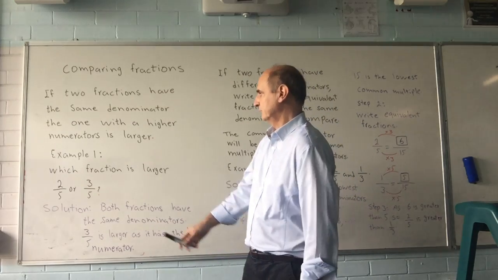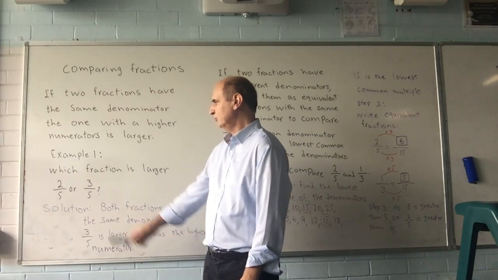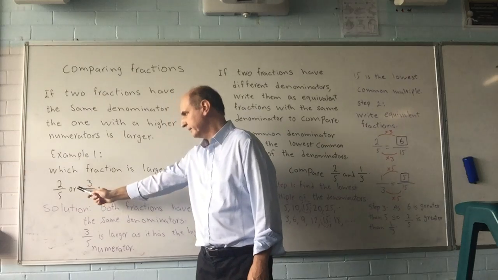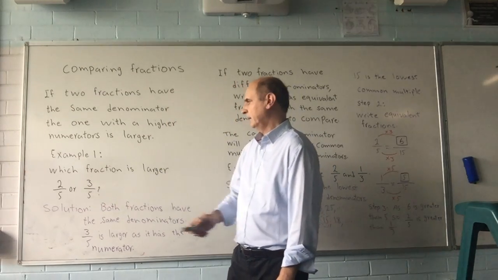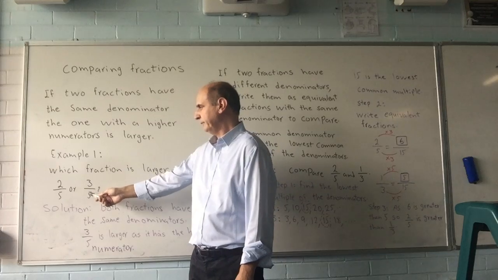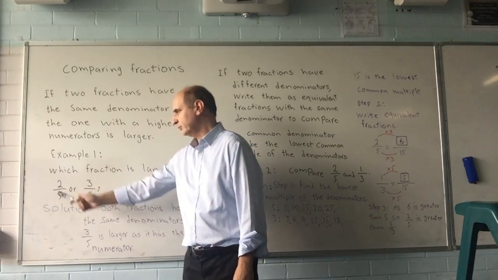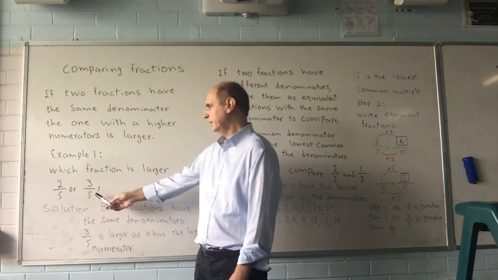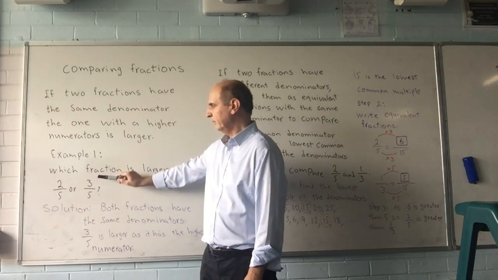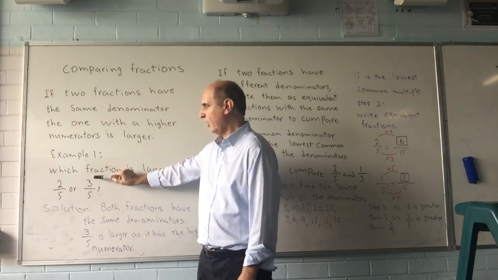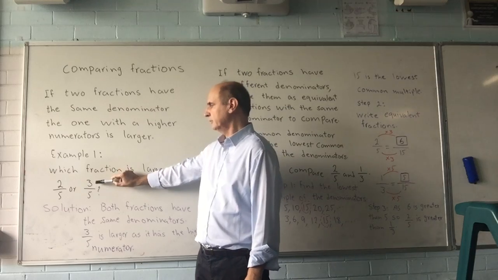For example, if you're comparing 2/5 and 3/5, 3/5 is larger than 2/5 because both have the same denominator, which is 5, but this one has a higher numerator, which is 3.